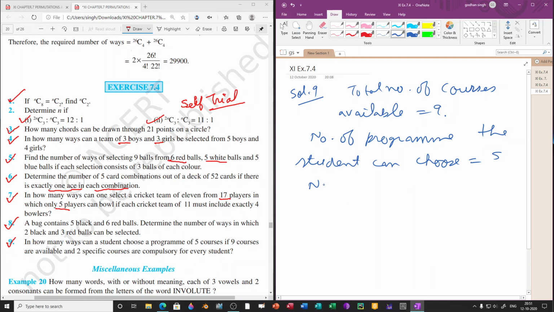So number of courses which are compulsory is equal to 2. So in how many ways can a student choose a program of 5 courses if 9 courses are available and 2 specific courses are compulsory for every student?